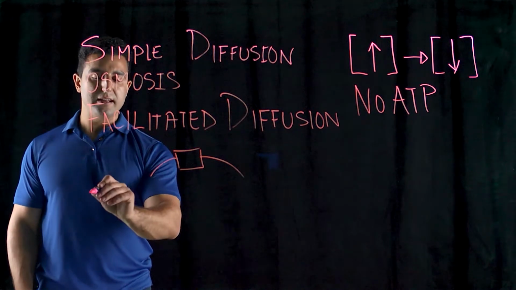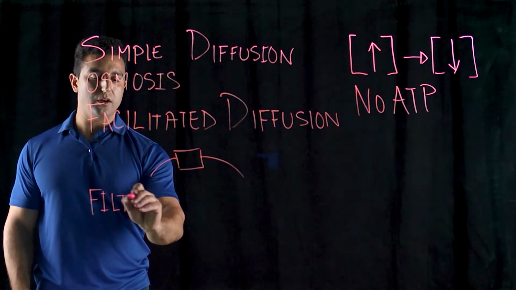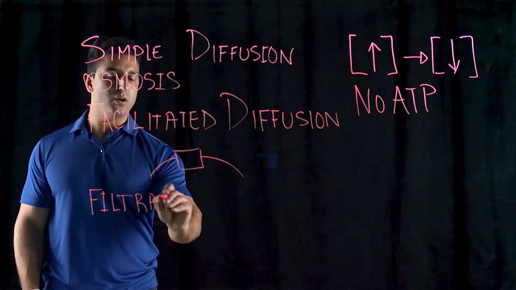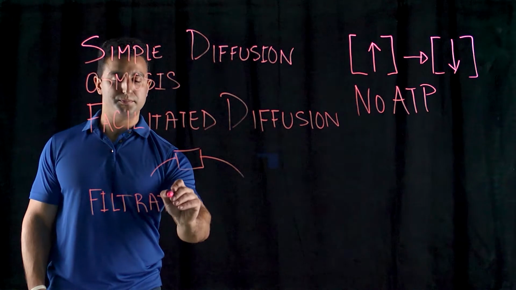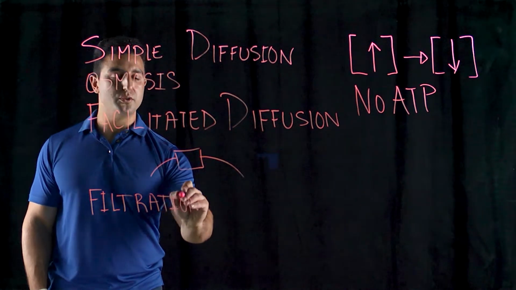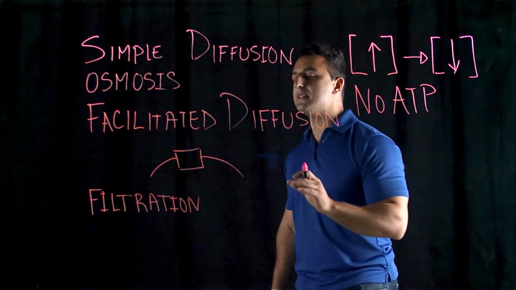And the final thing is filtration. Filtration is the movement of solutes and solvents, so water and, for example, salts, going from a high concentration to a low concentration without the requirement of any kind of energy. So where does this happen?